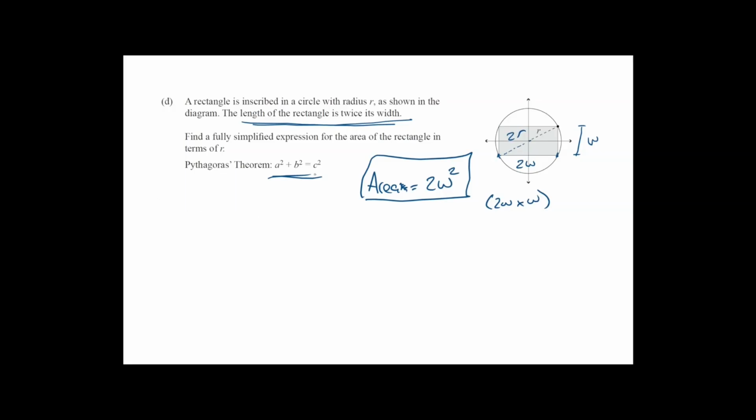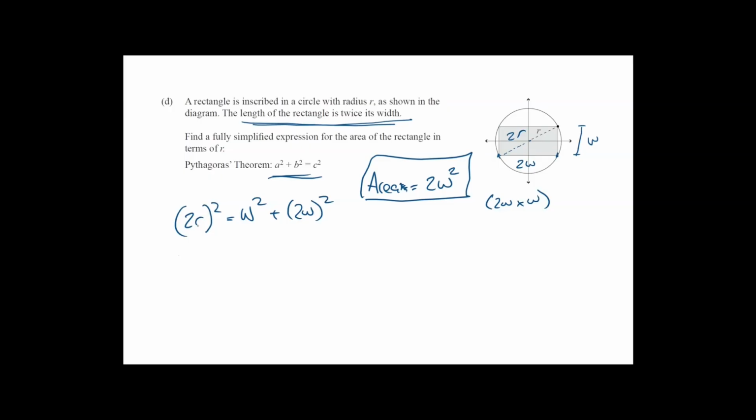So the C here is going to be 2r. So 2r squared is going to be equal to this side here, which is w squared, plus 2w, this side here, squared. So let's get rid of the brackets and let's square everything.